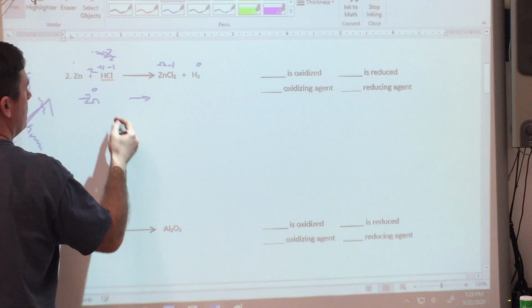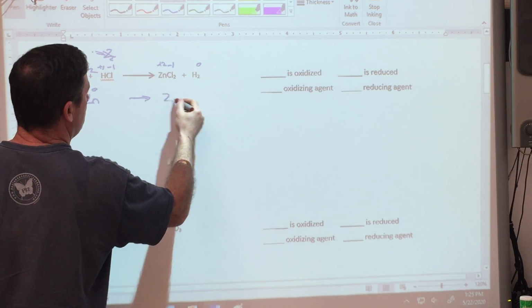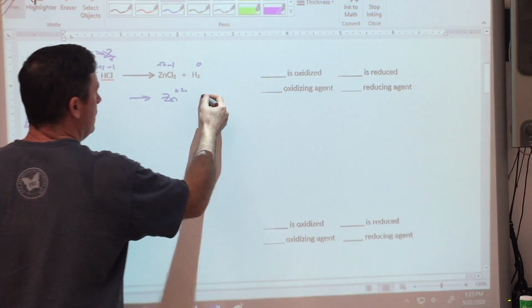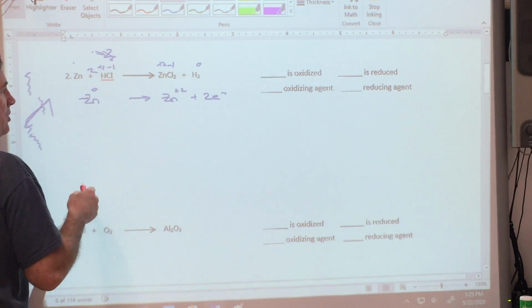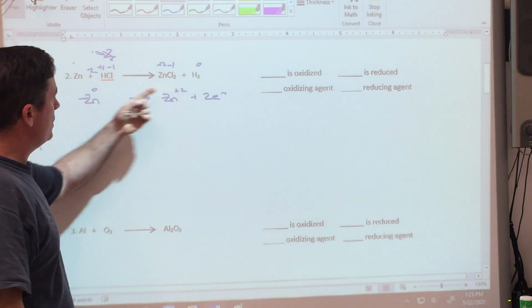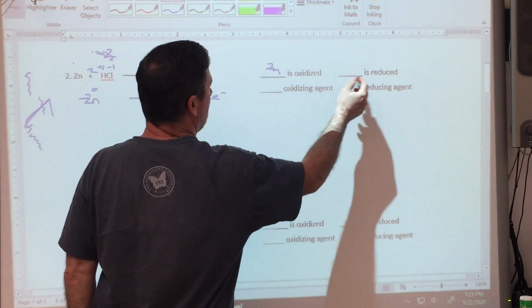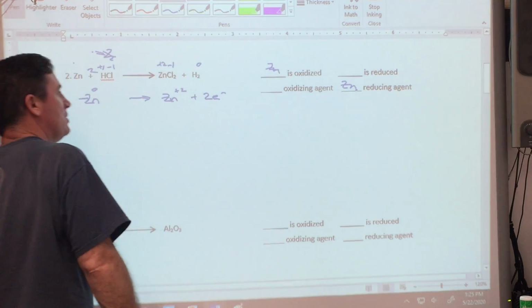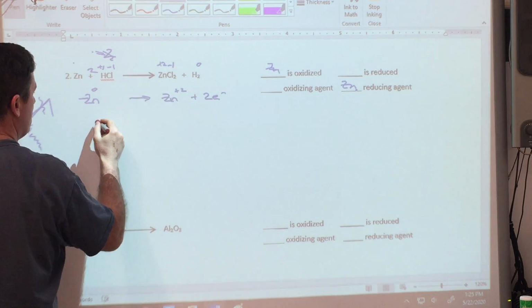So zinc 0, and it goes to positive 2. It must have done that by losing 2 electrons. Zinc goes from 0 to positive 2, so it gets oxidized, and because it's oxidized it is the reducing agent. And hydrogen is actually changing this time.